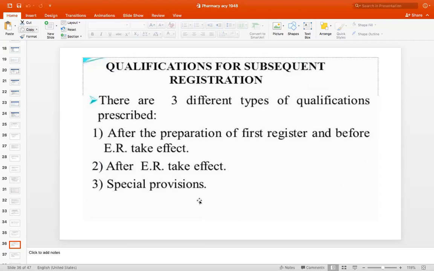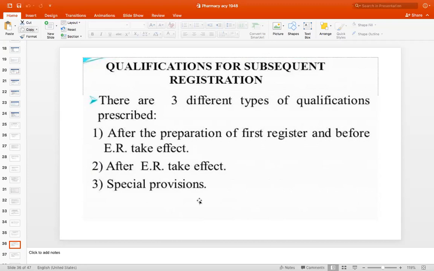Now here, what are the qualifications for subsequent registration? As I already told you, if the education regulation is not fully formed in a particular state, only then do they go for subsequent registration. Now what should be the qualification? After the preparation of the first register and before ER takes effect. ER is education regulation here.